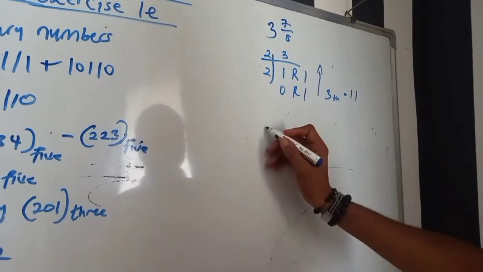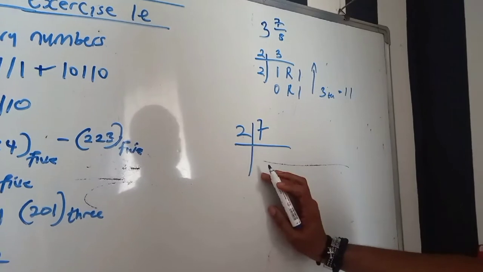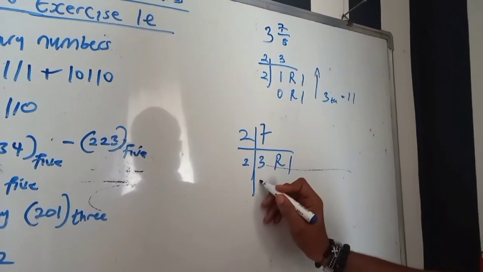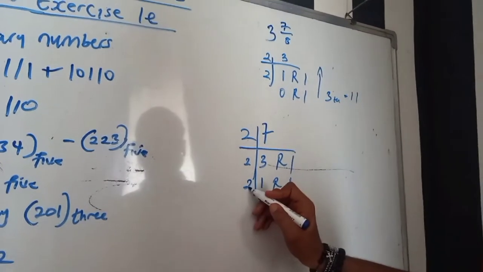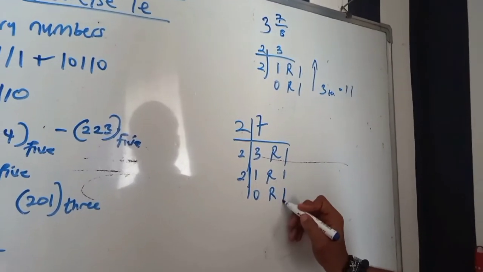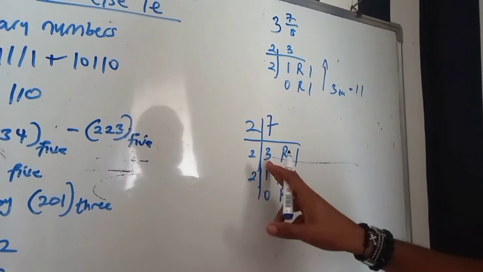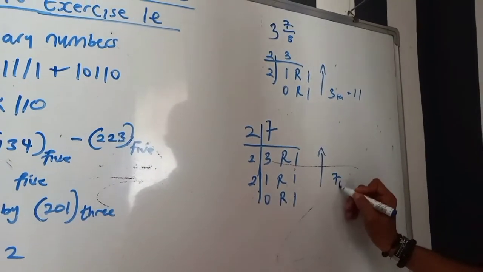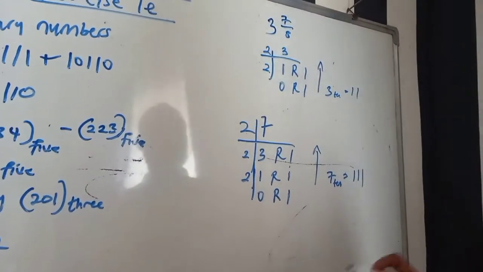I do the same to 7. 2 going into 7 is 3 times, remainder 1. 2 going into 3 is 1, remainder 1. 2 going into 1 is 0, remainder 1. So 7 base 10 is 111.